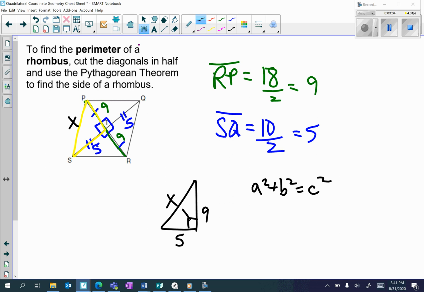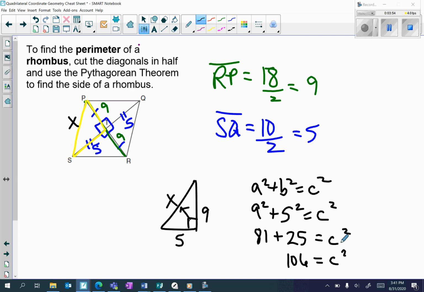C, remember, is my hypotenuse across from the 90-degree angle, so it would be 9 squared plus 5 squared is equal to C squared. 9 squared is 81. 81 plus 5 squared, which is 25, is equal to C squared. 81 plus 25 is 106, is equal to C squared. Take the square root on both sides. So C would be equal to radical 106. So that's the length of one side. However, you're looking for the perimeter, which means you have to add up all the sides of the rhombus. So there are 4 sides, so that would be 4 radical 106.